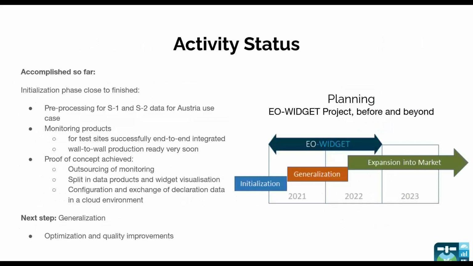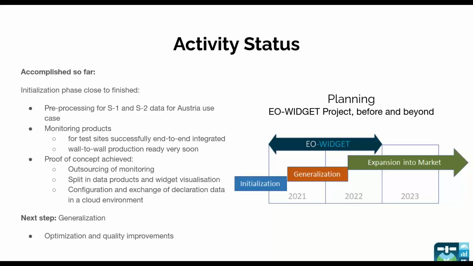On the status of this activity, because I said the project is just a part of that, it's a commercial activity that we are working on here. And we are happy to report that the initialization phase is close to an end. We have a full beta monitoring for Austria now ongoing. For the test site, this is successfully integrated already end-to-end.